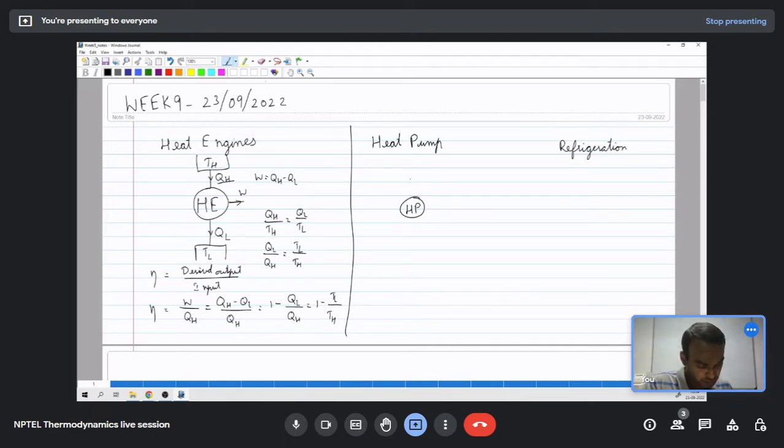So a heat pump is used to transfer heat from a low temperature reservoir to a high temperature reservoir by supplying a work input.